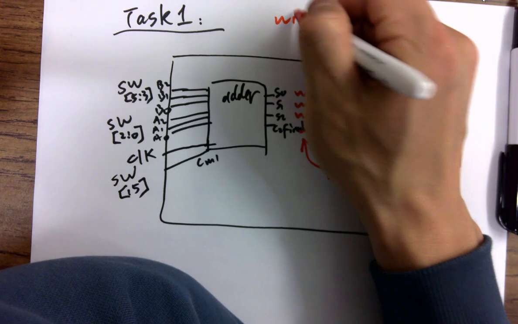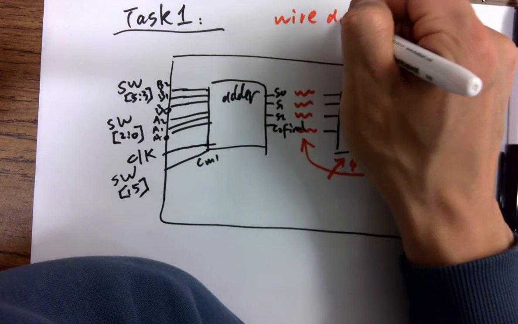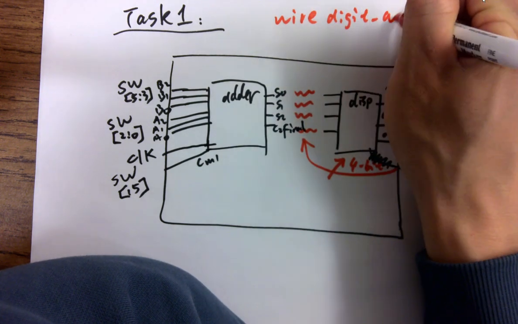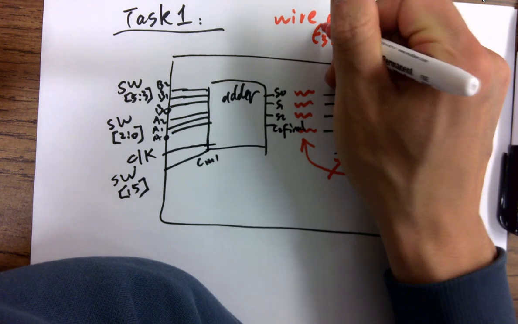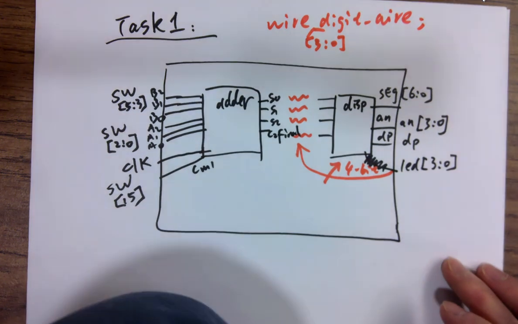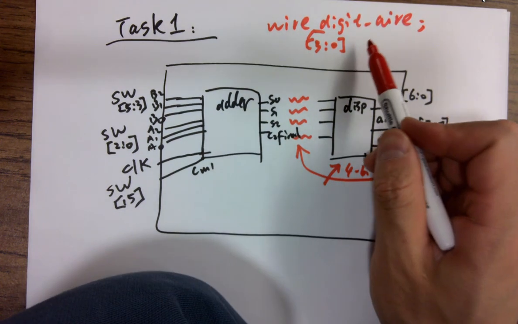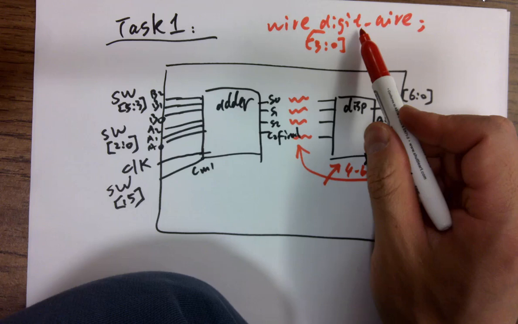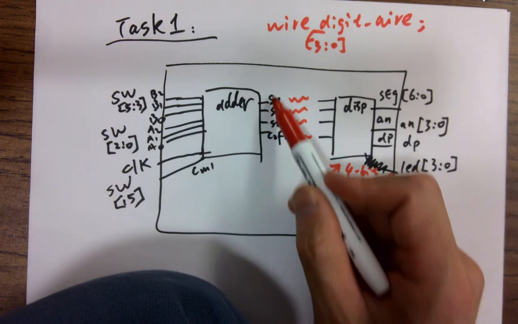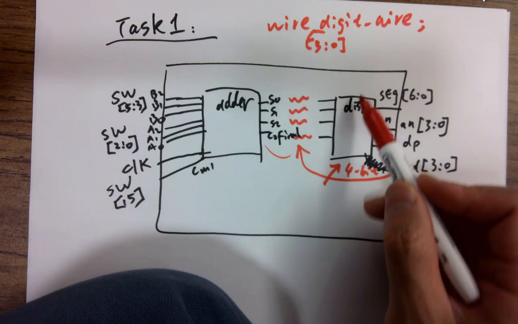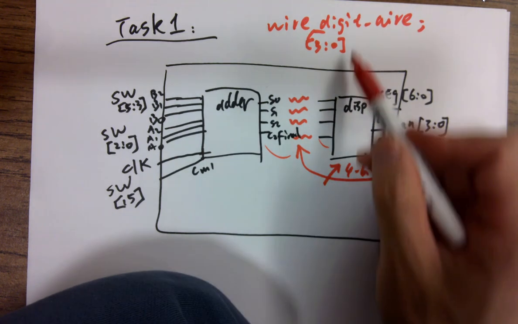You declare the wire from the top. I call it digit wire or something, and that's 3 to 0. You declare this one in the top, and in your instantiation of the sub-modules, you make connections. For this one, connect to this one, connect to this, and this one connect to this as well.